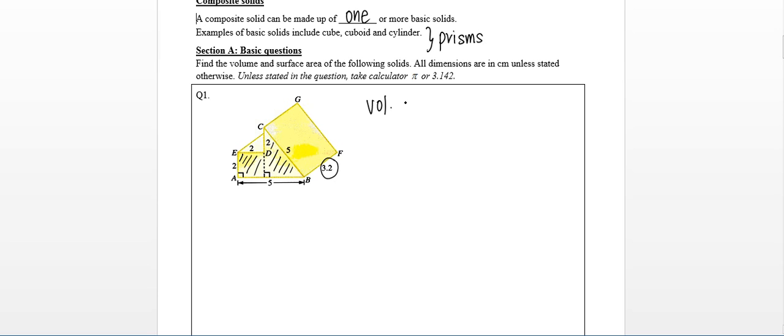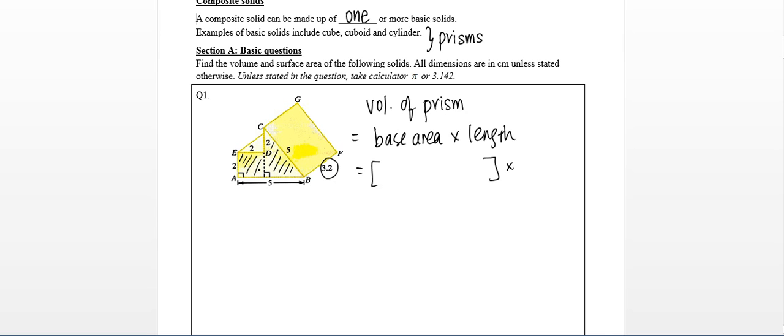Therefore, now you recall that the volume of a prism is equal to the base area multiplied by its length. Now, what is the base area of this prism? Let's see. The base area is made up of a square and a triangle.